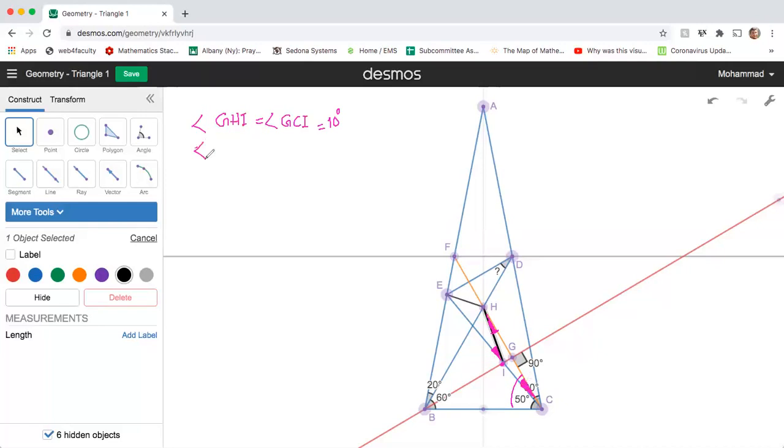And so angle HIE equals angle GCI plus angle GHI, which equals 20 degrees. So this angle here is 20 degrees. This angle here is 10 degrees.